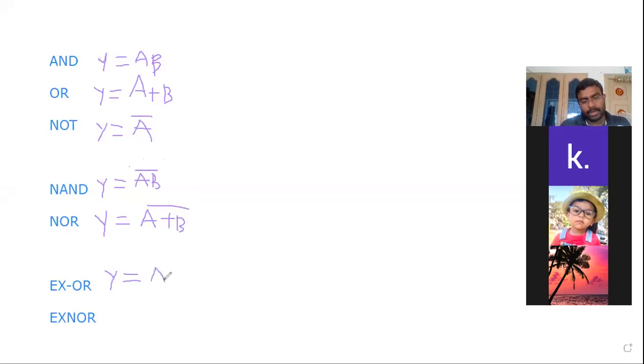Y is equal to A bar B plus A B bar. Okay, so this is the expression for the XOR gate.